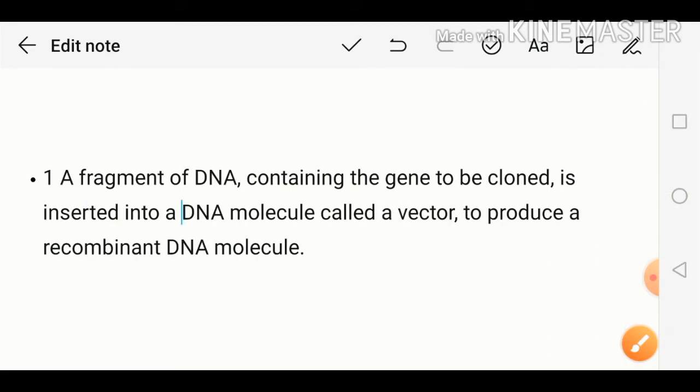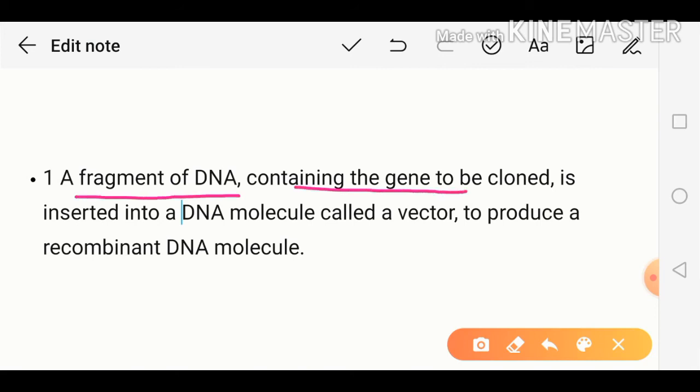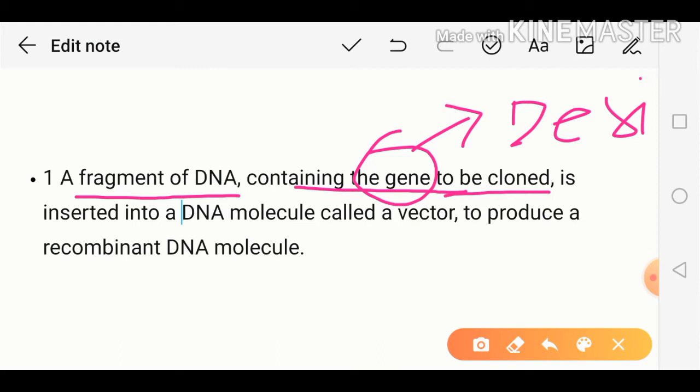So in gene cloning, the fragment of DNA containing a gene which is to be cloned, that particular gene we call the desired gene. That desired gene is inserted into the DNA molecule which is known as the vector.